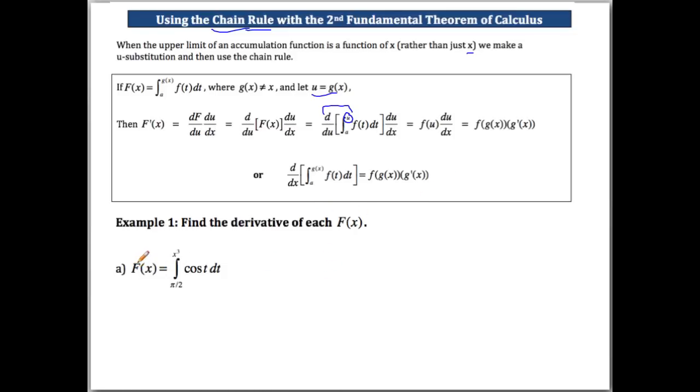Okay, so here we want to find the derivative. So we're really looking for d over dx of the definite integral from pi over 2 to x cubed of cosine t dt.